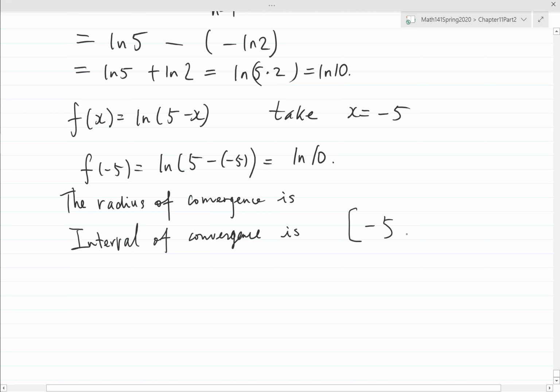So it's closed at -5 and open at +5. The radius R is actually 5.